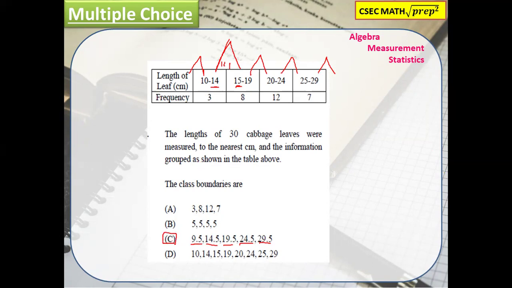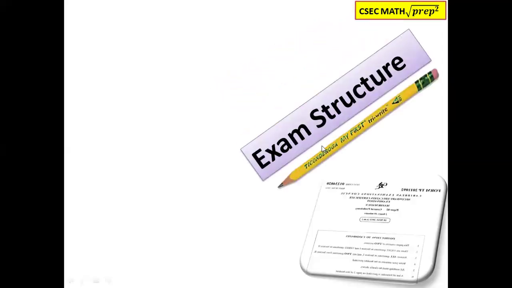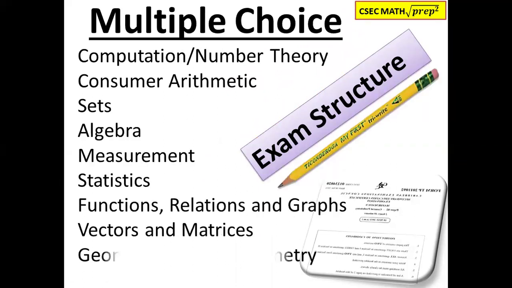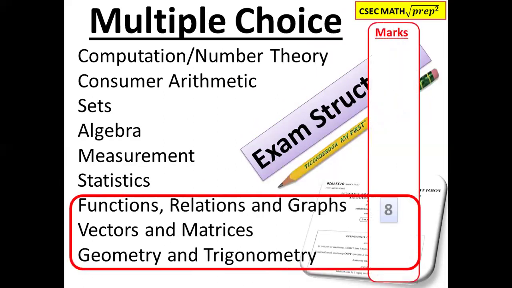In other words, if we just take 0.5 from the lower limits and add 0.5 to the upper limits here, then we will get what the boundaries are. Easy. And we're done with another 3 topics there. And we're on to the final 3 for this video.